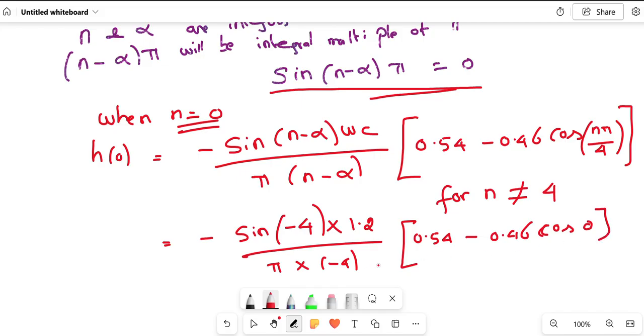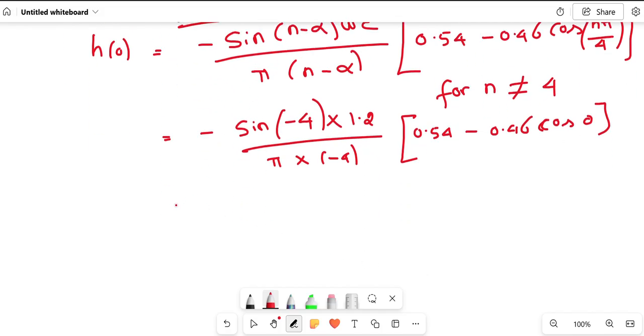Okay. So, substitute and simplify. Use a calculator in the proper mode and check the values: h of 0 is 0.0063. Similarly, when n is equal to 1, h of 1 will be 0.0101.